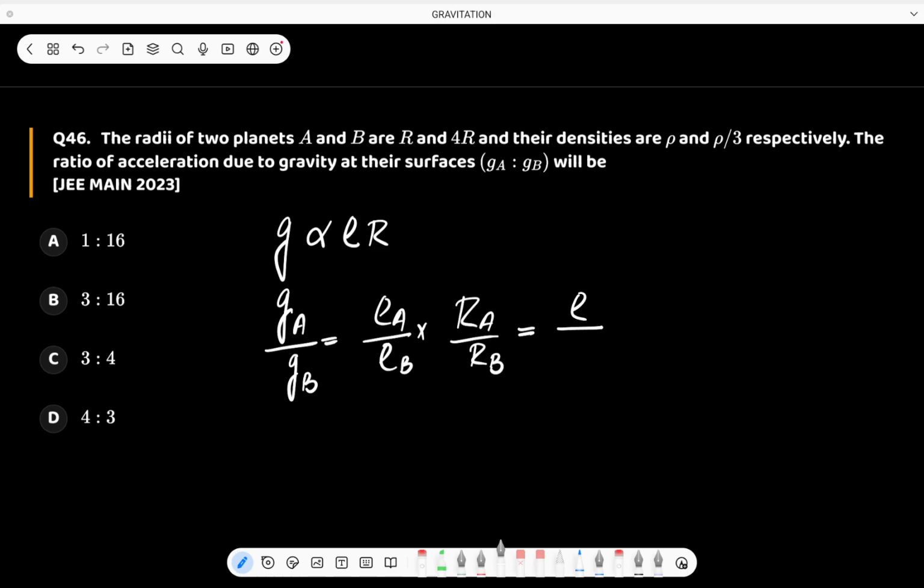That is rho. What is the density of planet B? That is rho divided by 3. What about the radii? The radius of the first planet is R, and the radius of the second planet is 4R. Rho and rho, R and R are going to disappear. So the 1/3 in the denominator will make it 3 divided by 4. So the answer is simply 3 is to 4. So this is the answer to this question.